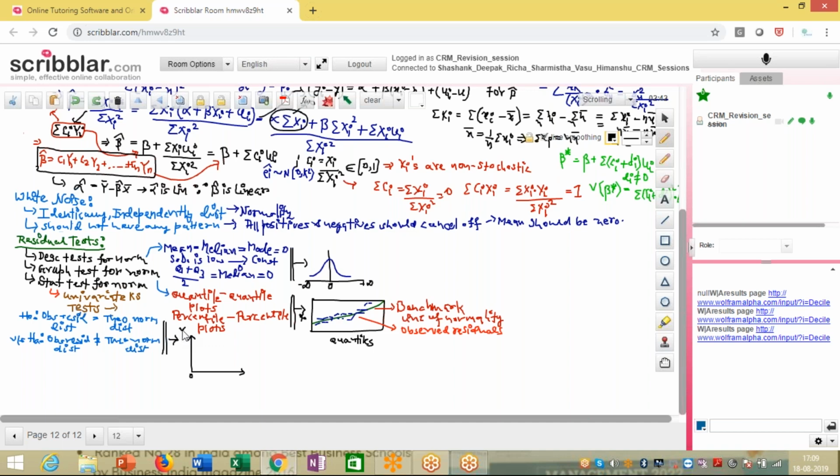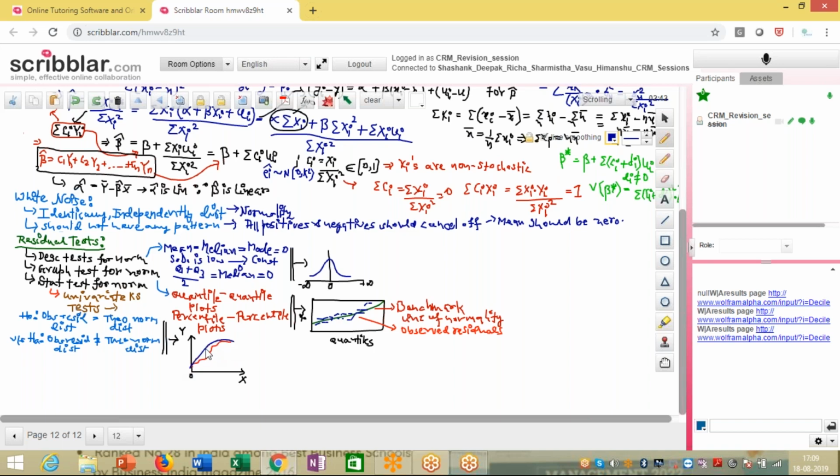Your y-axis is the relative frequency distribution axis, and this is the value for residuals. The observed cumulative distribution function would look something like this, and the theoretical cumulative distribution function looks something like this.